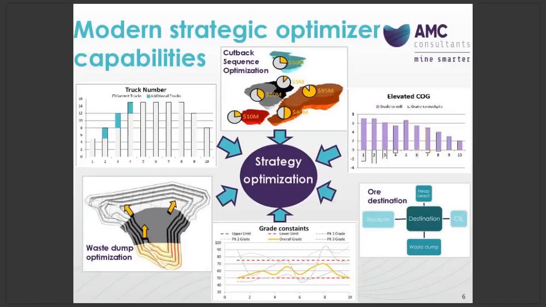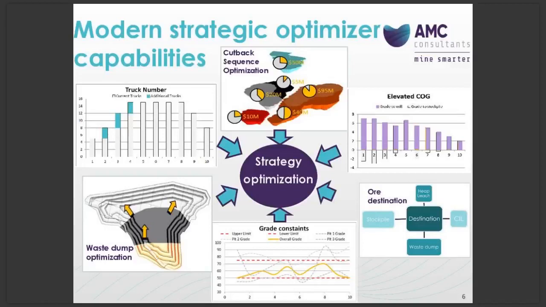studies. But as you can see on this diagram, strategic optimizers allow to simultaneously look at sequencing of your pushbacks based on operational constraints, applying variable cutoff grades on a period-by-period basis, especially if you're trying to come up with a stockpiling strategy and you're trying to follow a high-grading strategy.